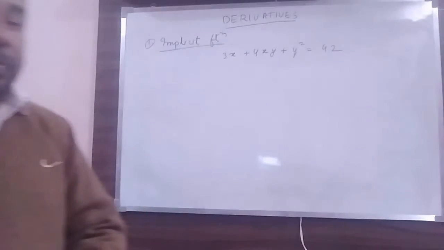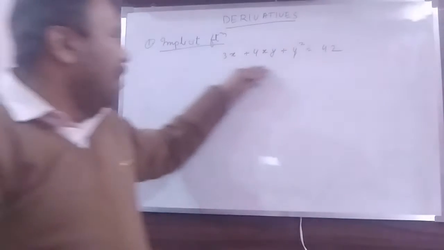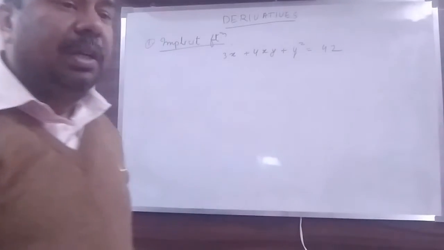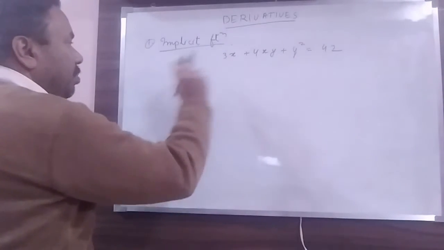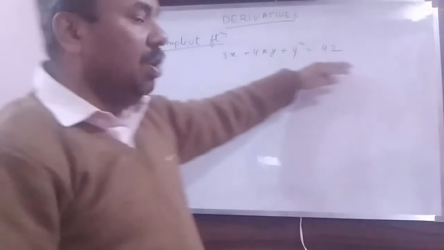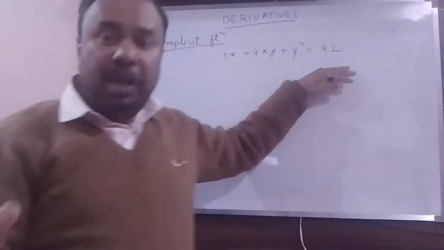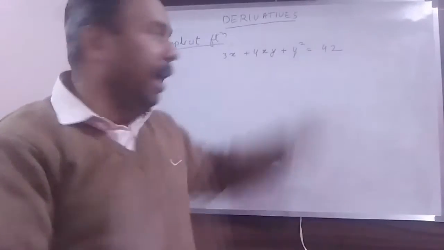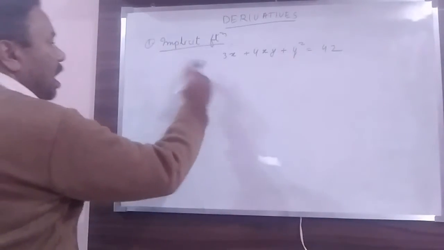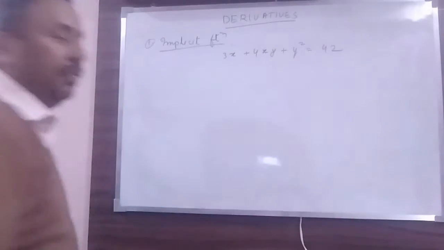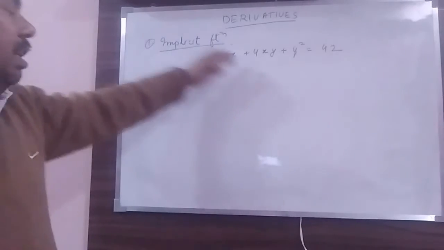So what should we do now? Remember one thing: my purpose is to find dy by dx, that is the rate of change of y whenever there is a change in x. So I just directly differentiate it.